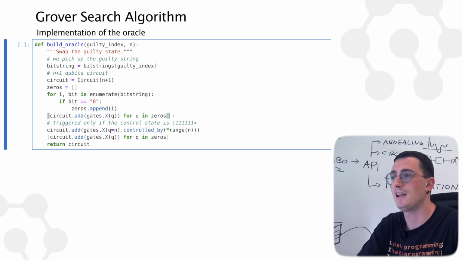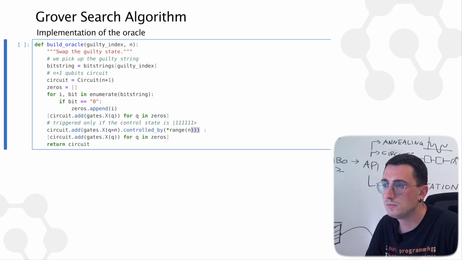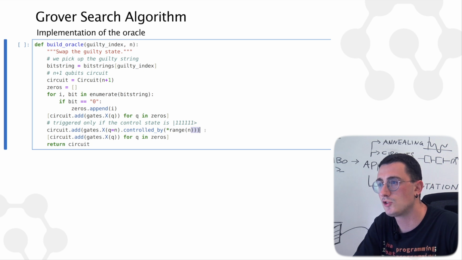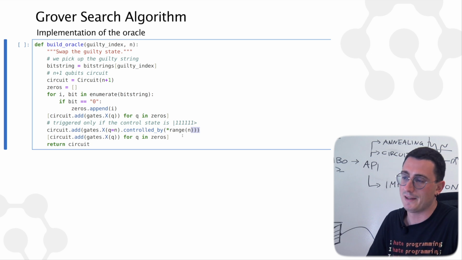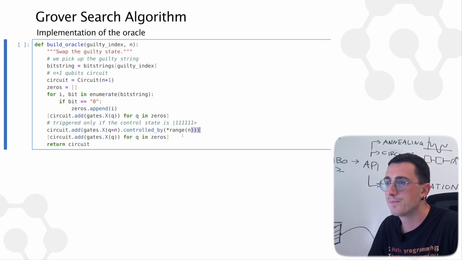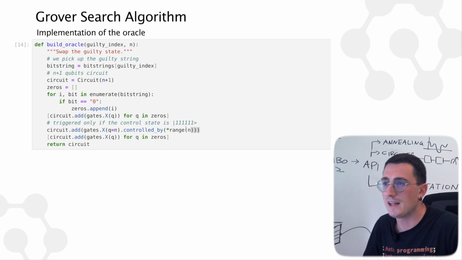Then we add an X gate to each qubit which appears in the list of indices in zeros. Then we apply a multi-controlled gate controlled by all the qubits of the system and apply it to the ancilla. And then we remove what we did before by reapplying the X gates. We can execute the cell, and then we can use it.